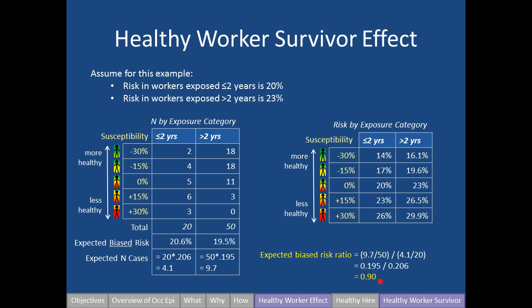It's a downward bias, and now it looks like the exposure is protective. And so this is the issue with the healthy worker effect. Your high exposed group are also more healthy. They're less likely to get the disease, and so when you make the comparison, it can look like staying at work and being exposed actually decreases your chance of the outcome. And it's not so much that the exposure does, it's the fact that you were able to stay at work for that long.